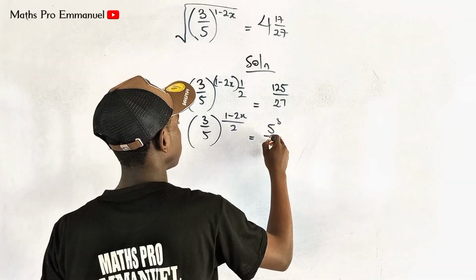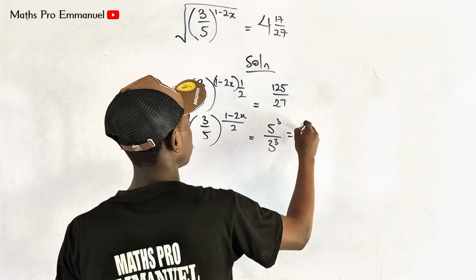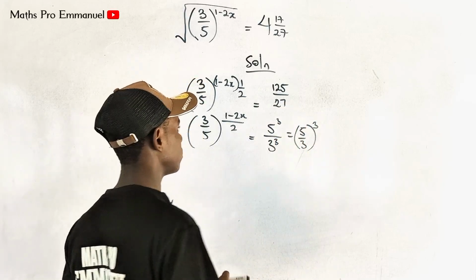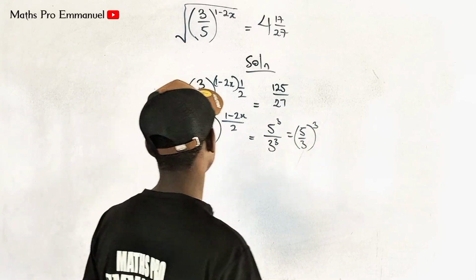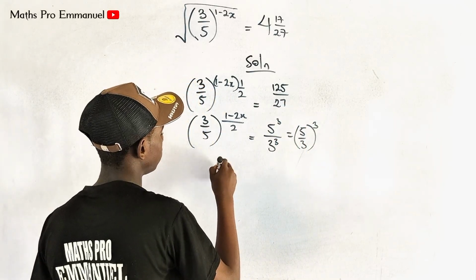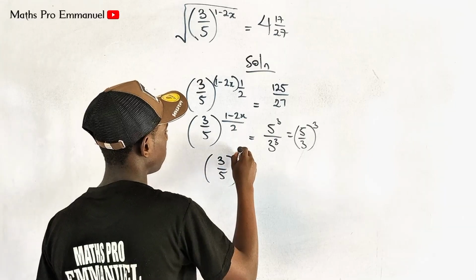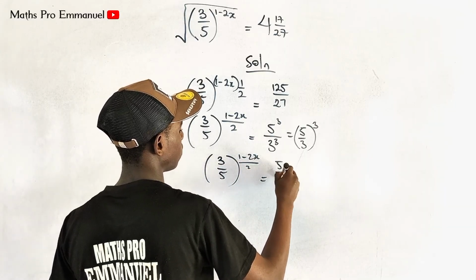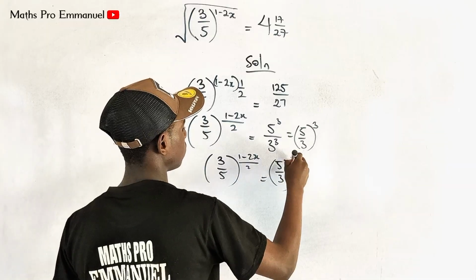Then 27 is the same thing as 3 cubed, which is 5 over 3 all raised to the power of 3. So now I'm getting something like this: 3 over 5 raised to the power of 1 minus 2x all over 2 is equal to 5 over 3 raised to the power of 3.